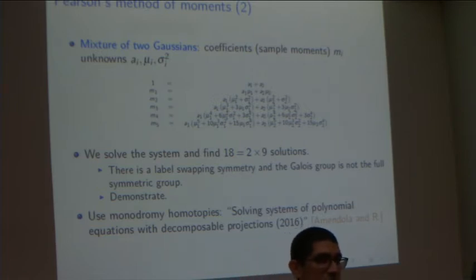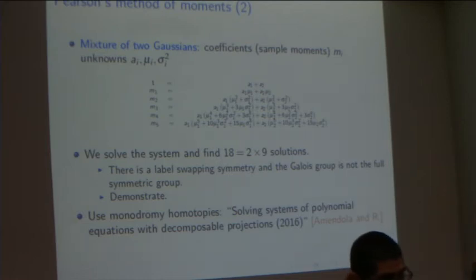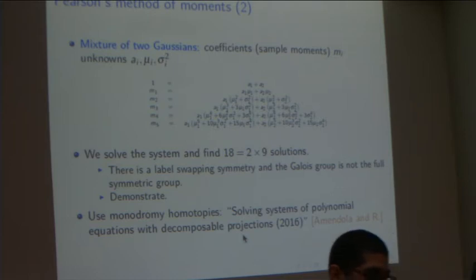Why? Because you can label swap. And so the Galois group, which is these possible permutations that can occur, is structured. We exploit this structure to determine what these solutions are, and we use this in solving systems of polynomial equations with decomposable projections.